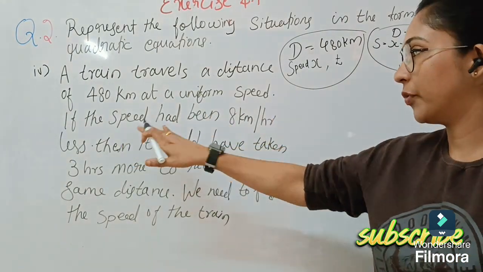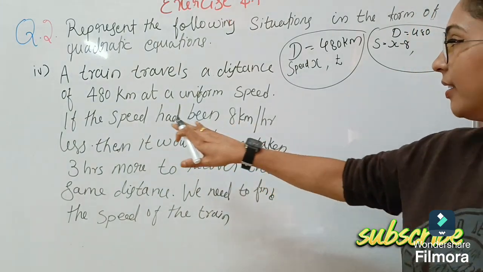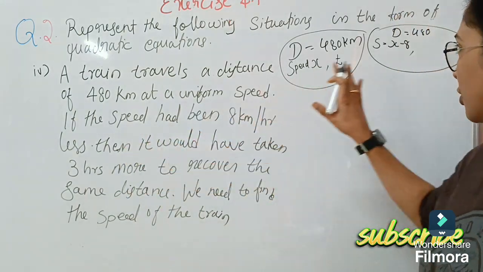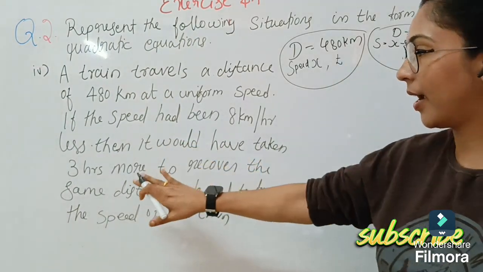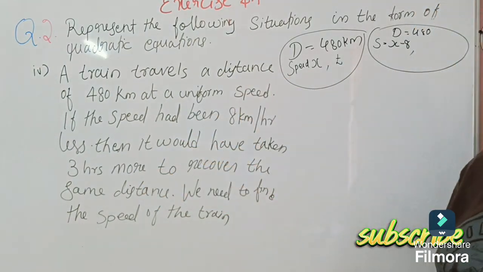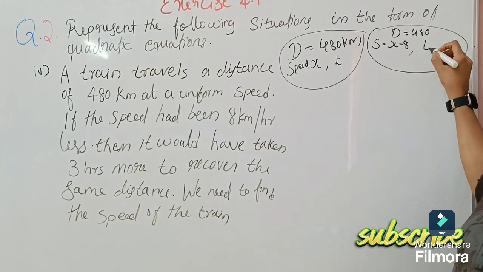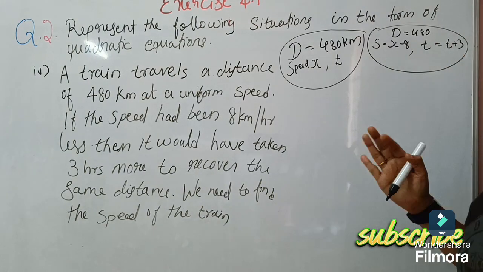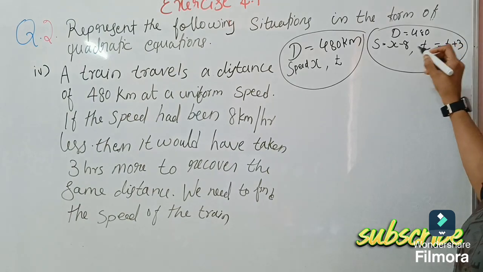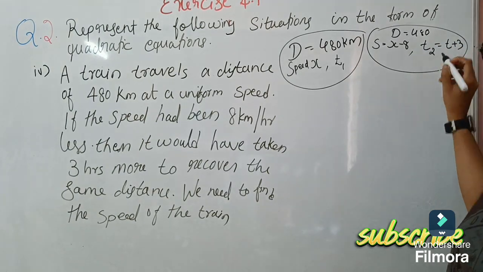Then it would have taken 3 hours more to cover the same distance, which means the time should be t plus 3 hours more. So this is t1 and this is t2.